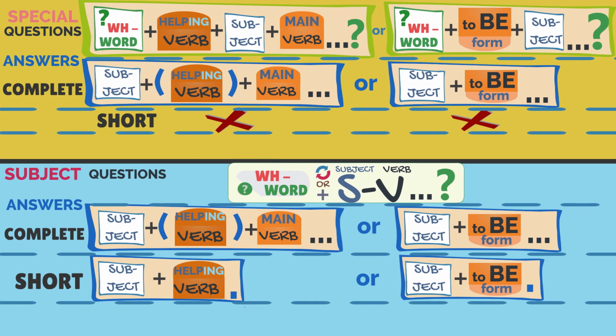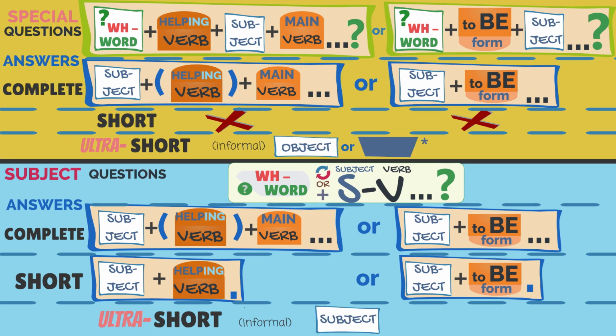In informal speaking, we can use ultra-short answers to special and subject questions. These are subjects, objects, adverbs or prepositional phrases that are used as adverbs.